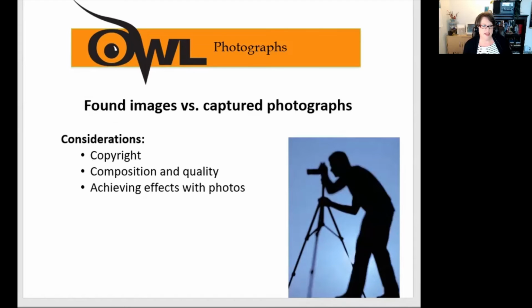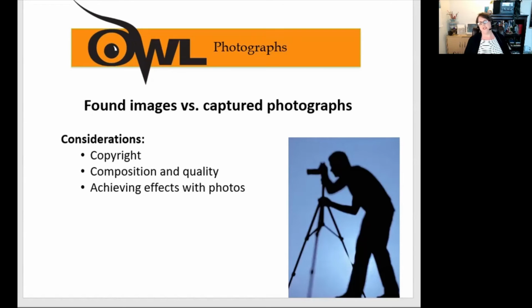However, as a beginning designer, you may still choose to find images on the web rather than creating and capturing your own images. The concern there is with found images, you need to really be cognizant of copyright issues. And we will talk more about this in the upcoming weeks.